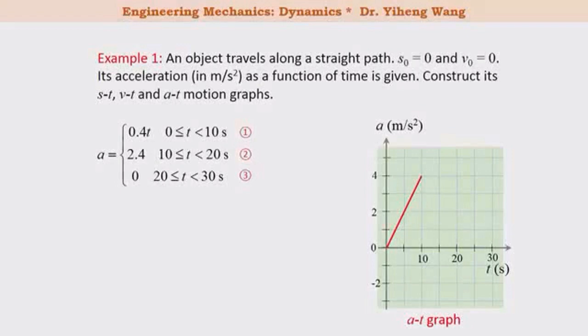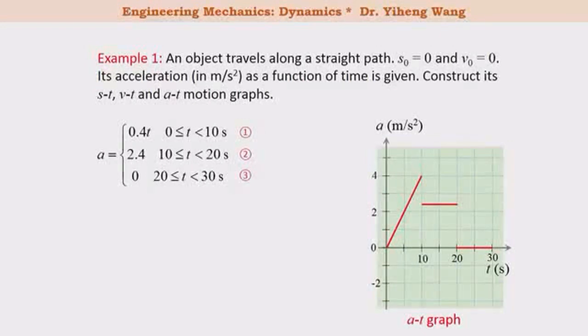Then for the second time period, from 10 seconds to 20 seconds, we sketch the second equation that a equals a constant 2.4, and that's a horizontal line on our graph, again from 10 seconds to 20 seconds. And then for the last time period, 20 seconds to 30 seconds, we sketch the last equation that a equals a constant 0. So on the graph, again, that's a horizontal line.